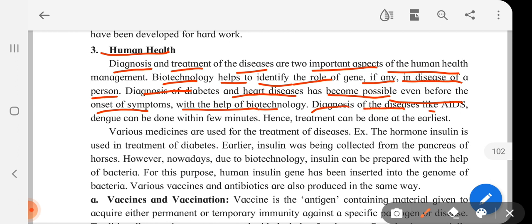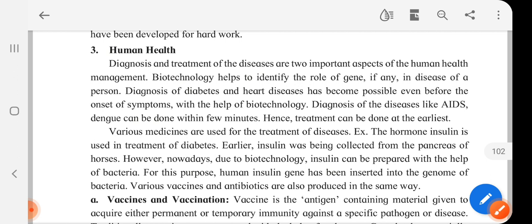Diagnosis of diseases like AIDS and dengue can be done within a few minutes. Hence, treatment can be done at the earliest. So, with the help of biotechnology, diagnosis and treatment of various diseases can be done for proper human health management. In fact, for certain diseases like diabetes and heart disease, treatments are possible even before the symptoms are seen.